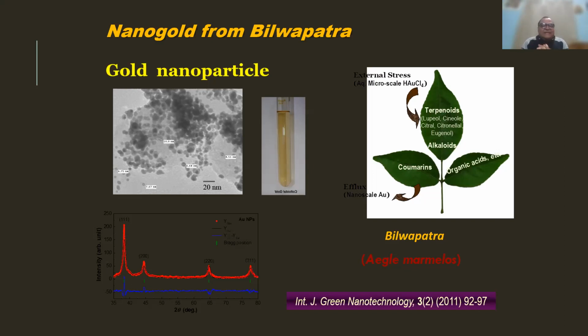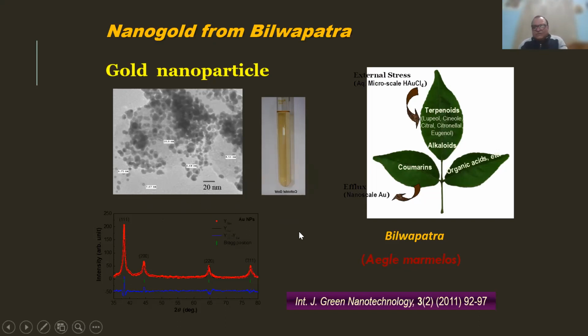But the point is, we took the alcoholic extract and incubated it for 10 minutes, and we got gold nanoparticles. The average particle size was 20 nanometers, and most of them were even below that.